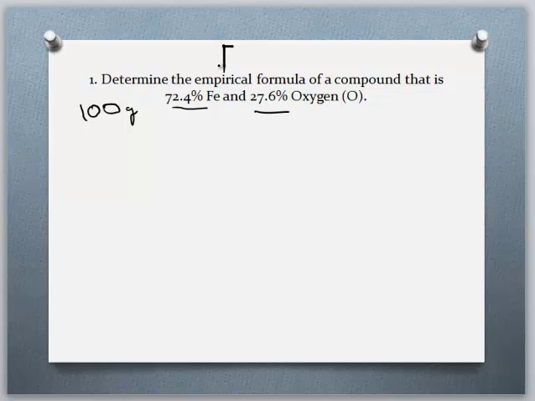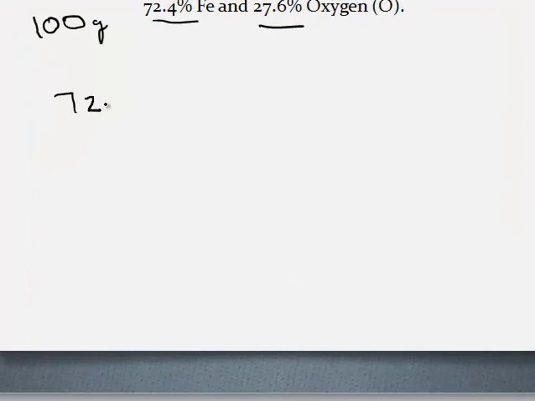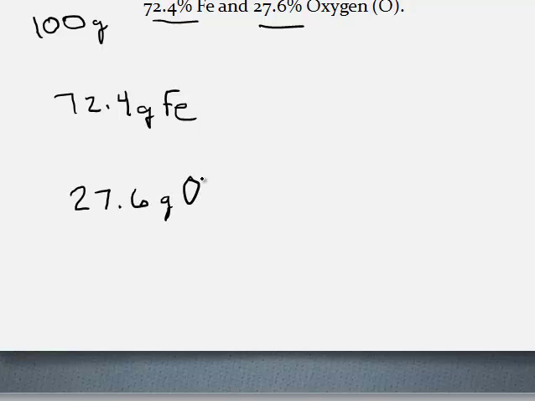So we're trying to find the formula for iron something, oxygen something. So if we assume we have a 100-gram sample, that would mean we have 72.4 grams of iron and 27.6 grams of oxygen.